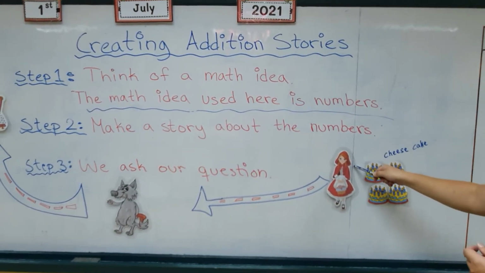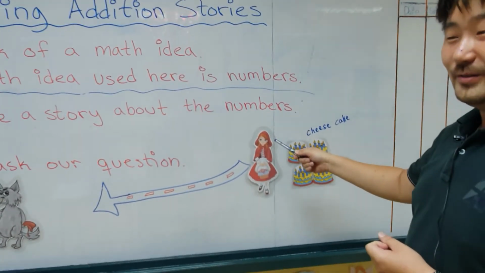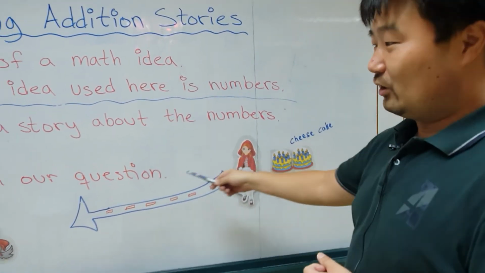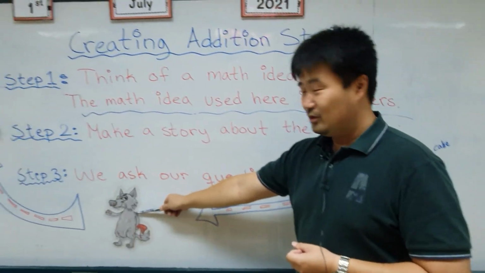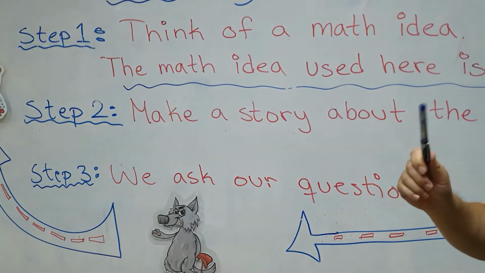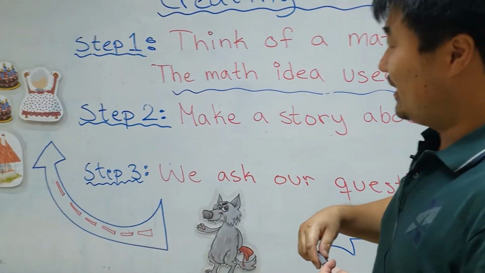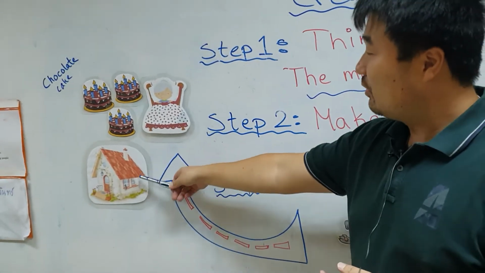Who is this? Right, it is Red Riding Hood. And if you follow me over here, who is this? You are right, it is the big bad wolf. That's right. And then whose house is this?